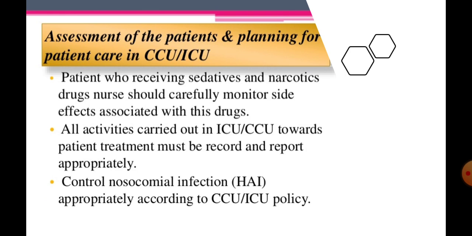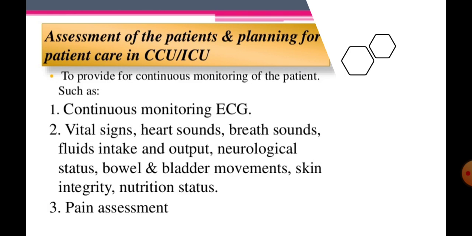For patients who are receiving sedative and narcotic drugs, the nurse should carefully monitor side effects associated with these drugs. All activities carried out in the ICU towards patient treatment must be recorded and reported appropriately. Control nosocomial infection appropriately according to the ICU policy.